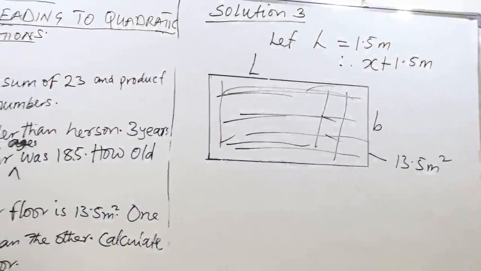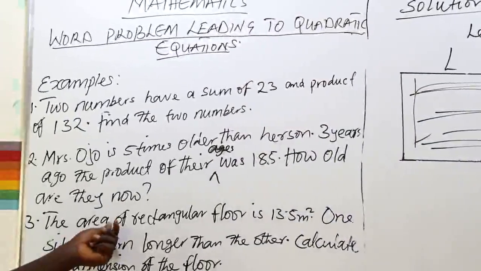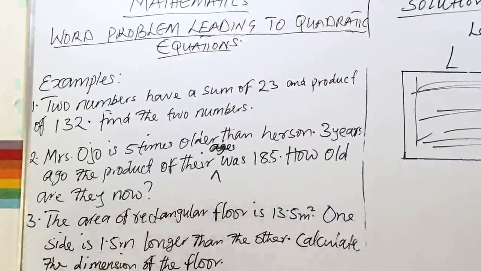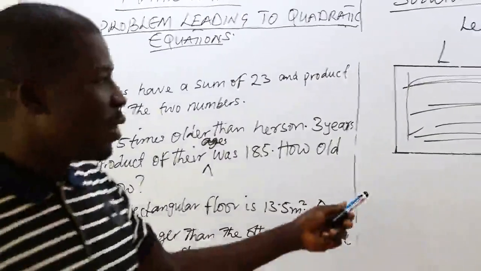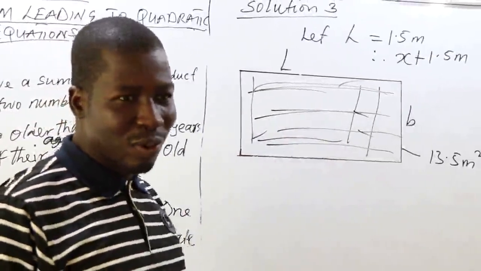Now it implies the area is given and one of the sides is given, so we can use the formula for calculating the area of a rectangular shape and solve this problem.